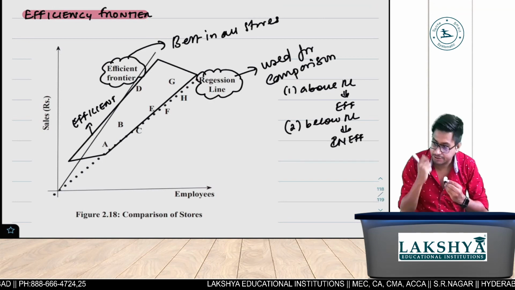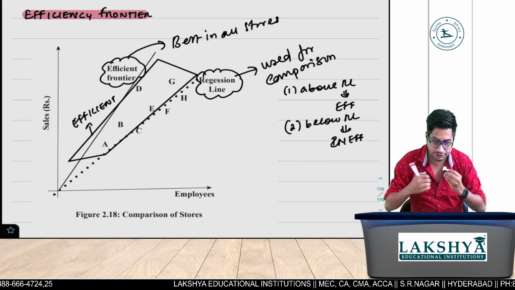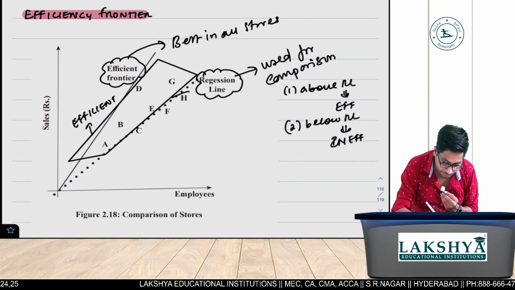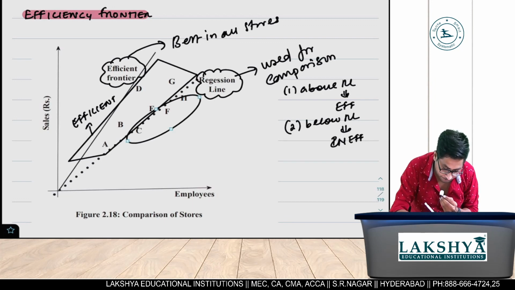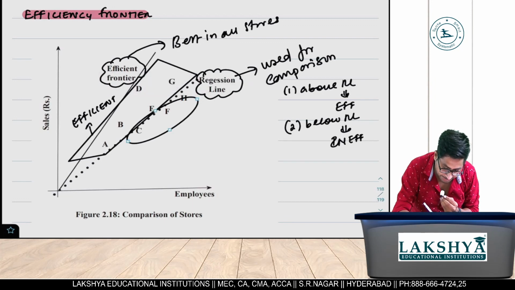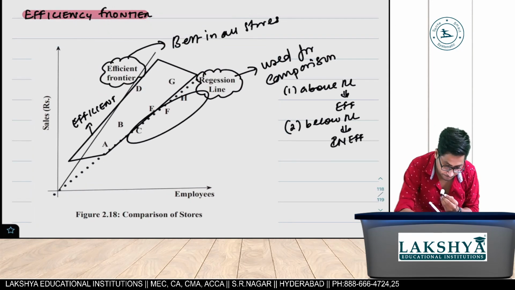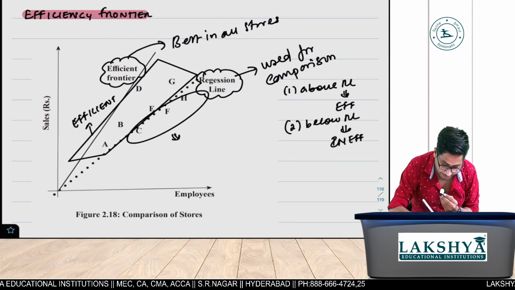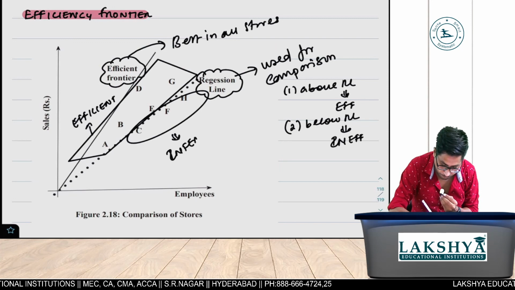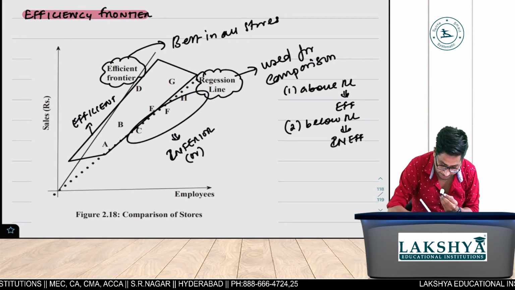They are called efficient. Now anything which comes below, these three are coming above or below? These three are coming below the regression line. That is why these are inferior, or you can say inefficient.